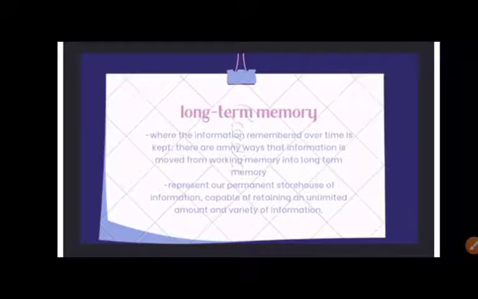So, LTM, or long-term memory, is where the information remembered over time is kept. For example, everything that happens in our life is stored in our long-term memory. It represents our permanent storehouse of information.